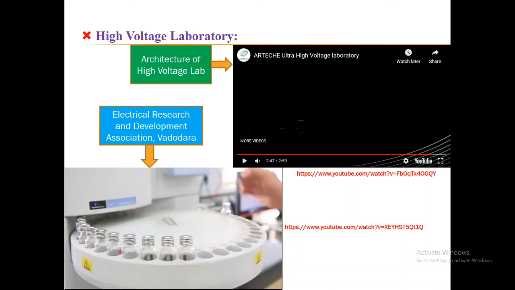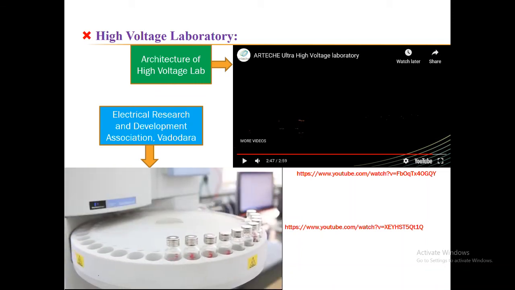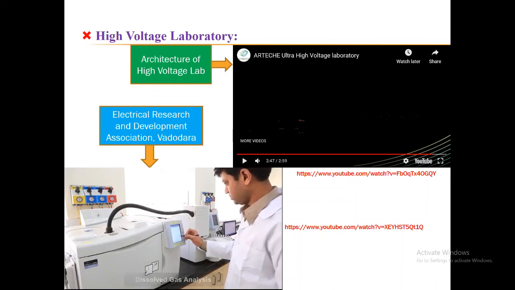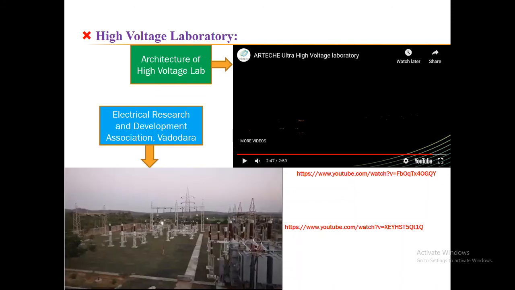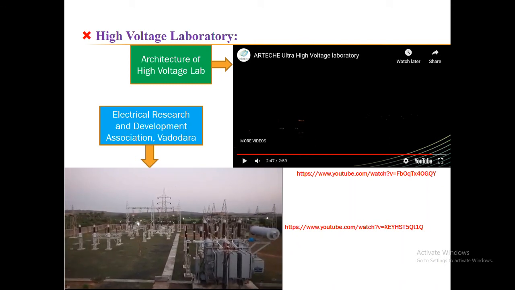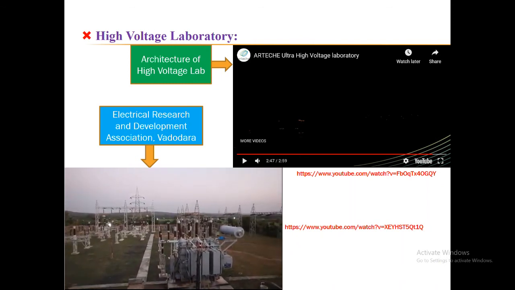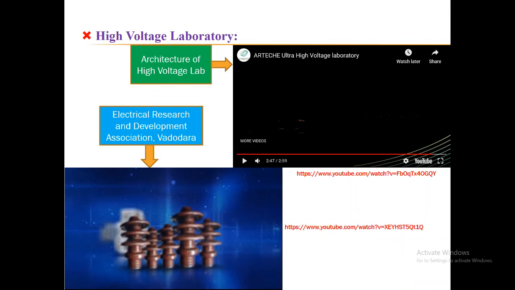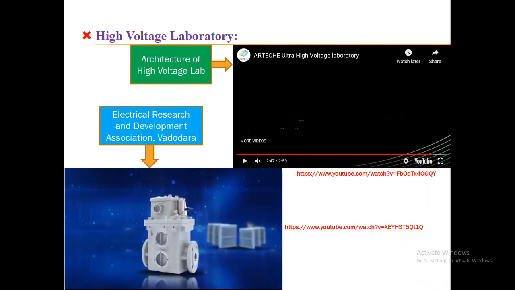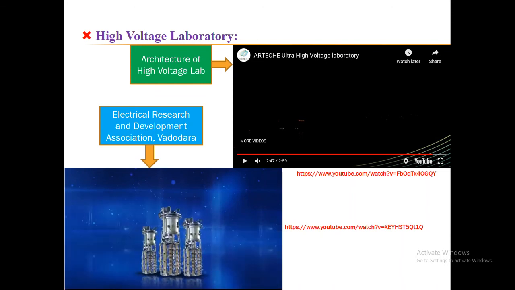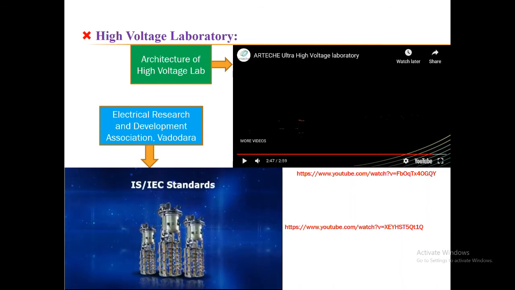Our decades of experience in testing and interpretation of dissolved gas analysis and furan analysis of transformer oils has resulted in prevention of many potential failures by timely diagnosis. All transformer accessories like bushings, Buchholz relays, radiators and tap changers are also evaluated as per IS and IEC standards.